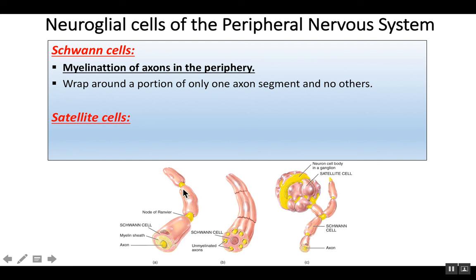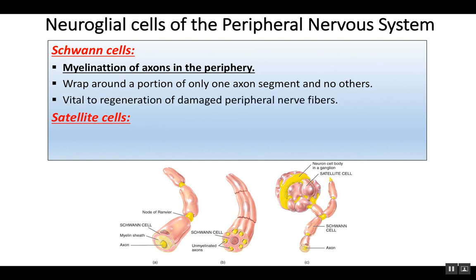So here's an axon that's being myelinated by 3 different Schwann cells. The Schwann cell actually wraps its whole cell body around the axon, and in between the axon and the Schwann cell are the layers of myelin we call myelin sheaths. So they myelinate, they just do it slightly different in the PNS than the oligodendrocytes do in the CNS.